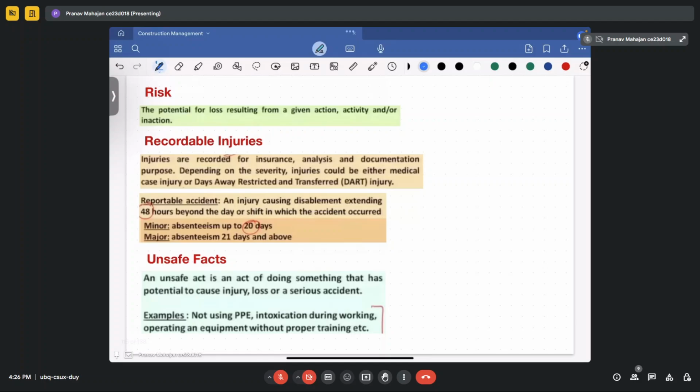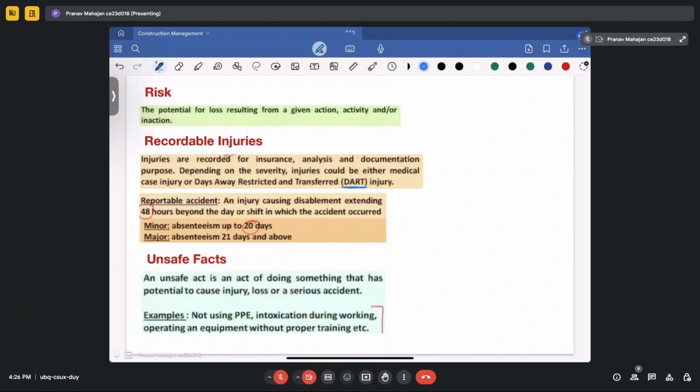Injuries are generally recorded for insurance, analysis, and documentation purposes. Depending upon the severity, injuries could be either medical injury or days away, restricted and transferred injury, that is DART injury. That means you are moving away from the site because of a certain incident that had happened on the site.